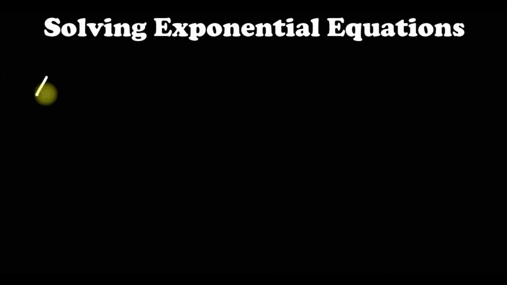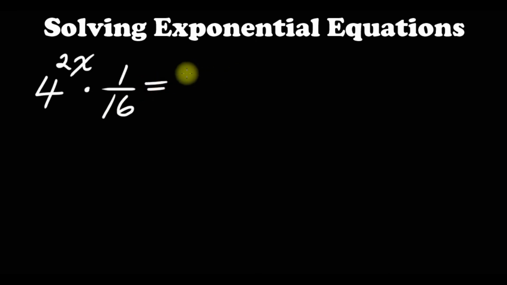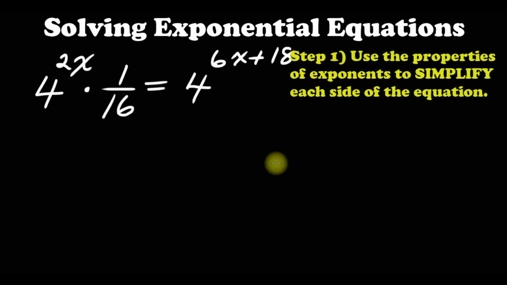So next one, I have 4 to the 2x times 1 over 16 is 4 to the 6x plus 18. This is another exponential equation, and we're going to solve for x. Okay, step 1 is to use the properties of exponents to simplify each side of the equation.